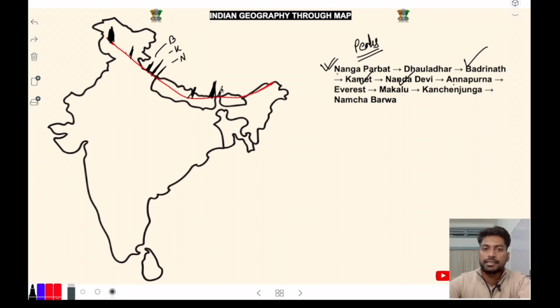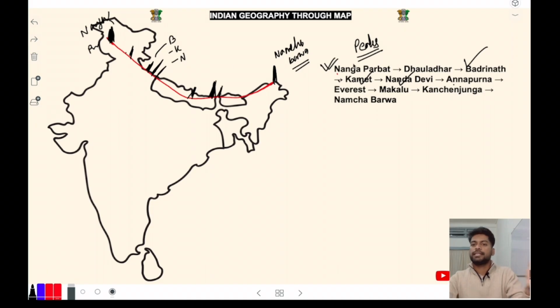Then your Kanchenjunga, then Makalu, Mount Everest, and then here Namcha Barwa will be. Got it? So it's all from western side to eastern side.